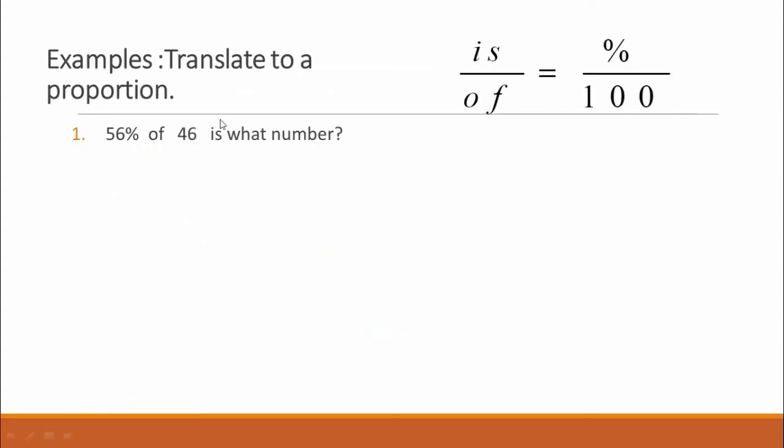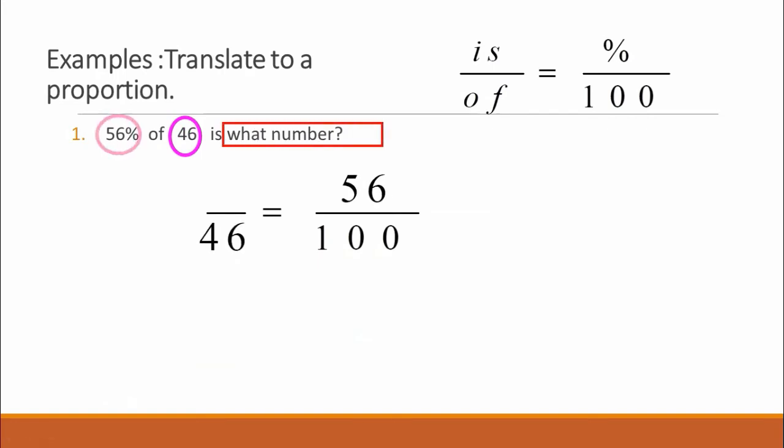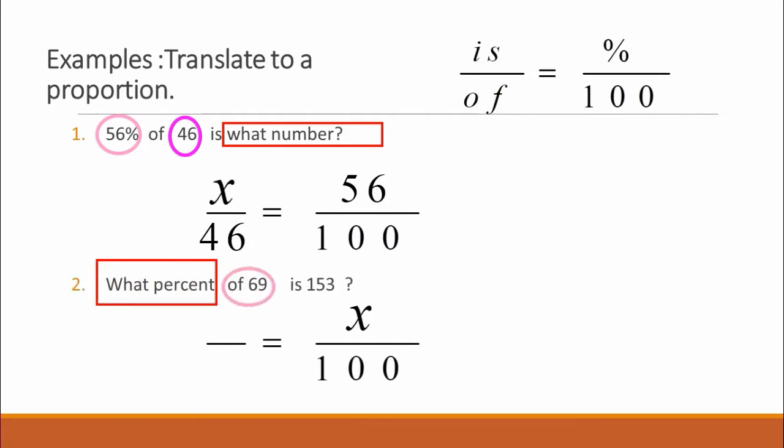To translate this percentage formula through an example, here we have 56% of 46 is what number? Dear students, in this description, 46 is connected with "of", which means whole.